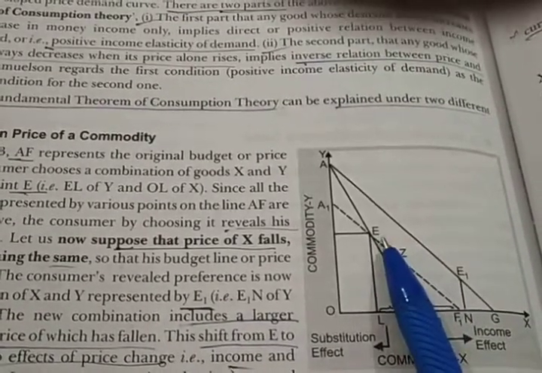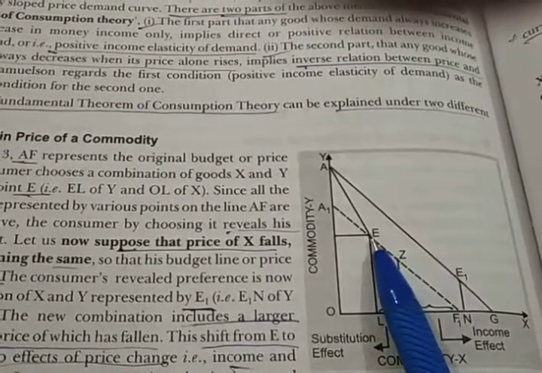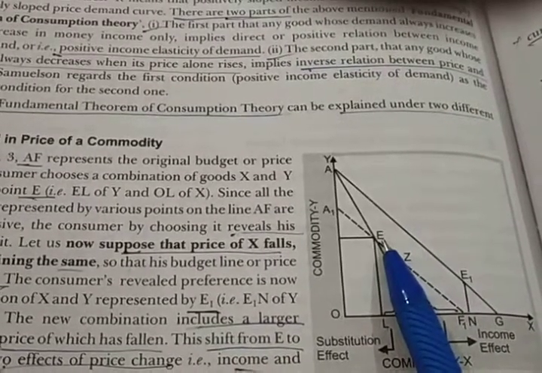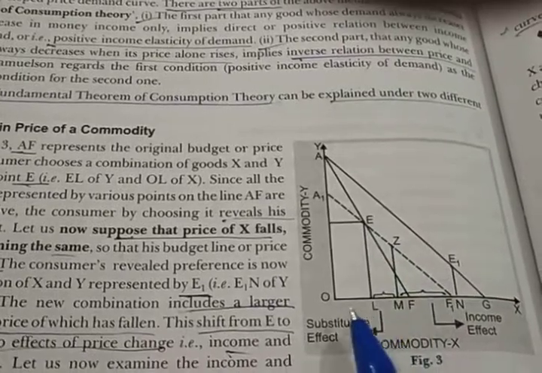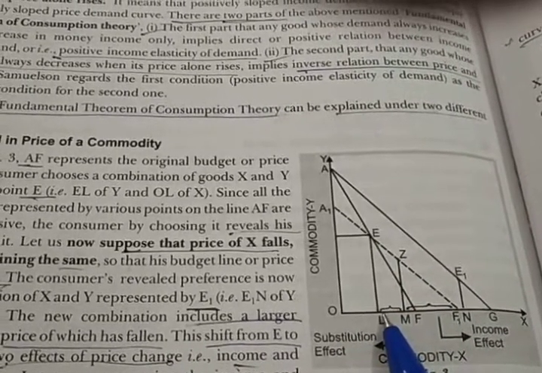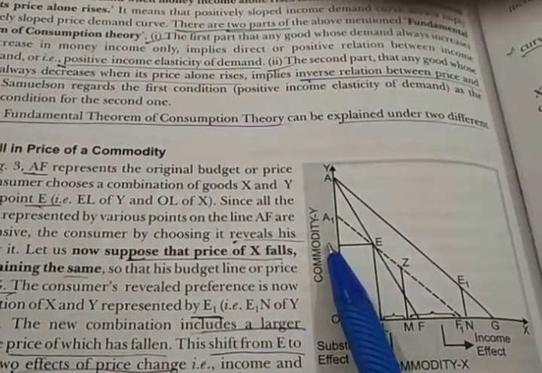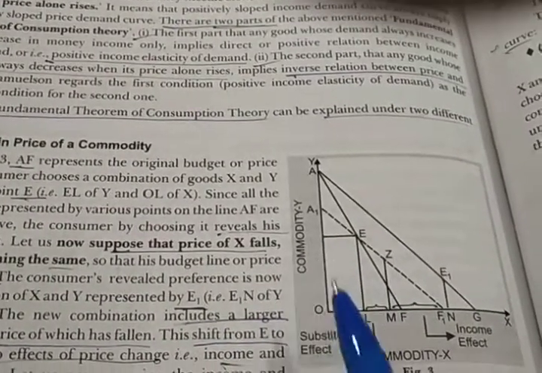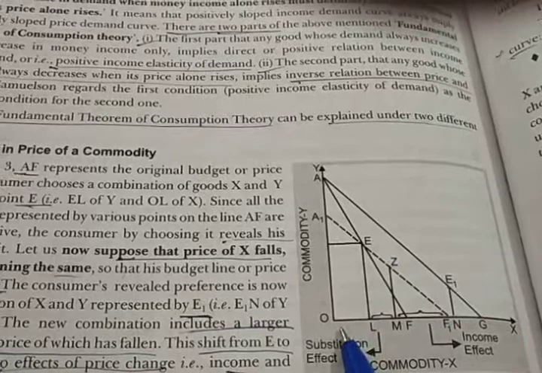Now, if the consumer chooses the combination E on this price line, then according to this E combination, he is purchasing OL of X good, and OB of Y commodity.